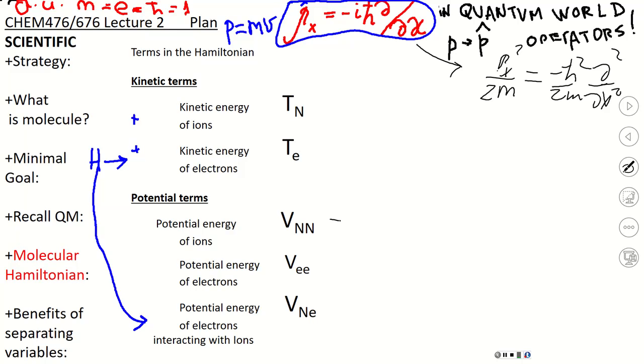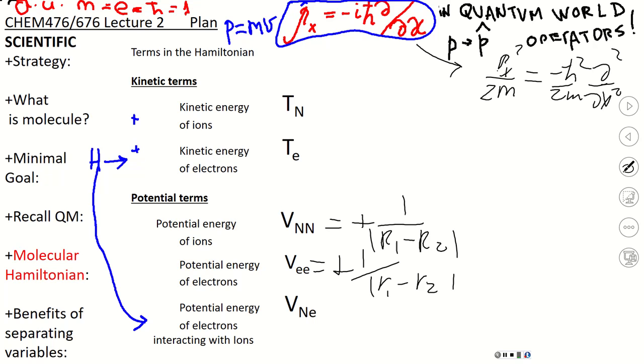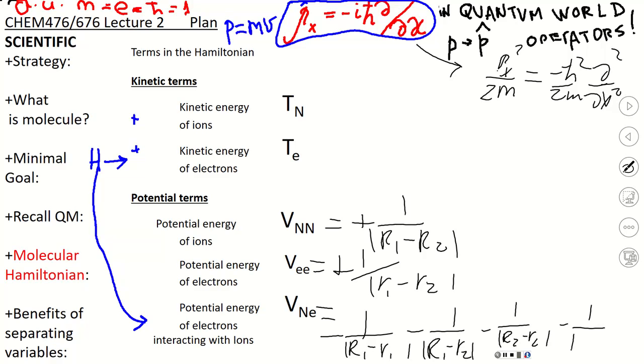I can quickly write them here. Plus 1 over R1 minus R2, plus 1 over r1 minus r2 lowercase, minus 1 over R1 minus r1, minus 1 over R1 minus r2, minus 1 over R2 minus r2, minus 1 over R2 minus r1.